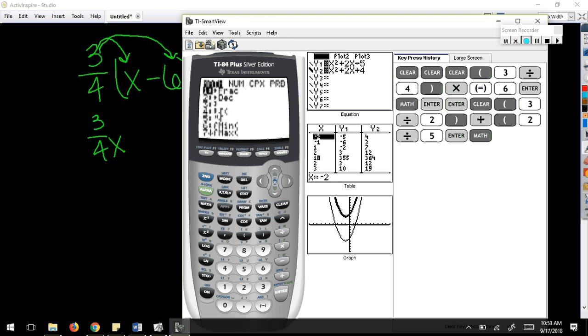So math, enter, enter. 19 tenths. Everyone needs to make sure you can get that right now. You can also put the fractions in parentheses with a divided by, and if we press enter, then it's simplified.